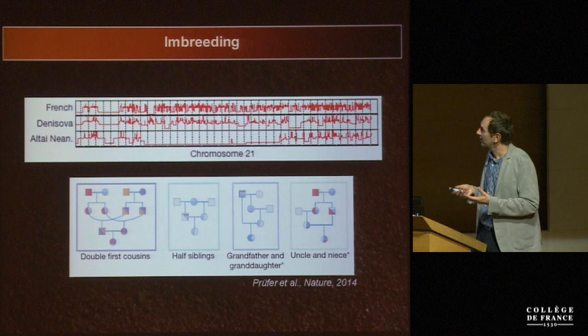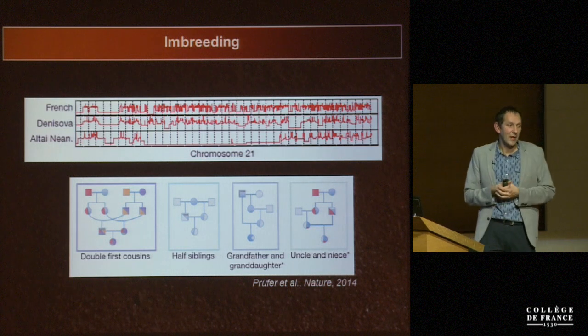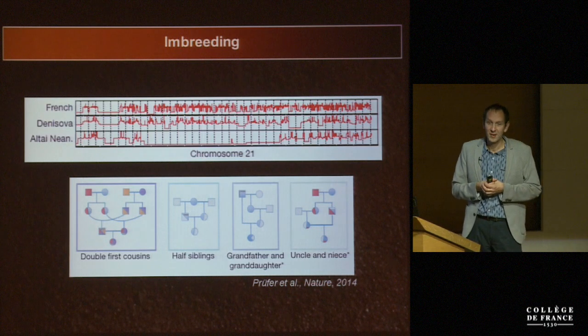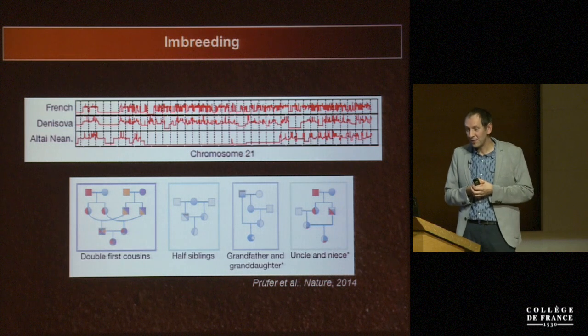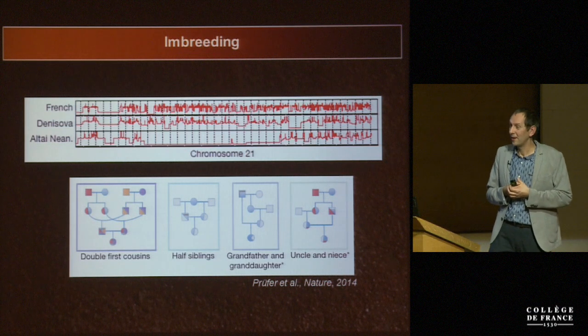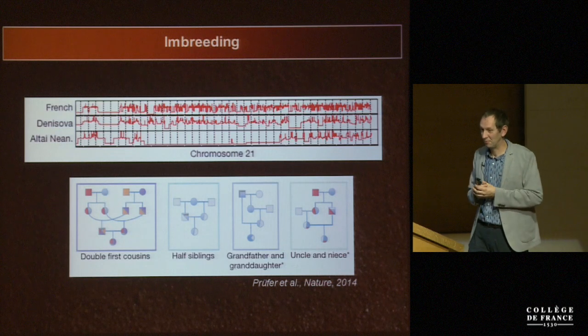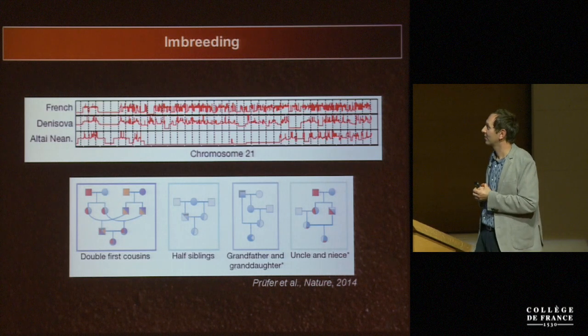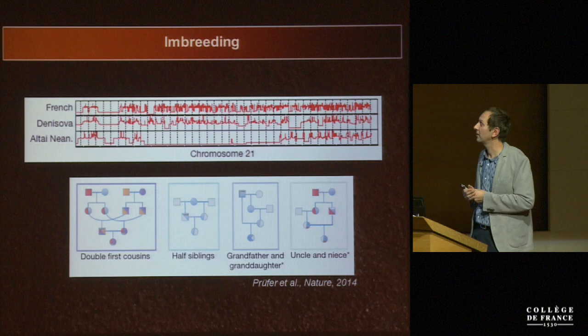You can then ask, okay, perhaps we were unlucky and sampled an individual that was created by incest, so maybe the parents were siblings, and that's why we see a low genetic diversity.